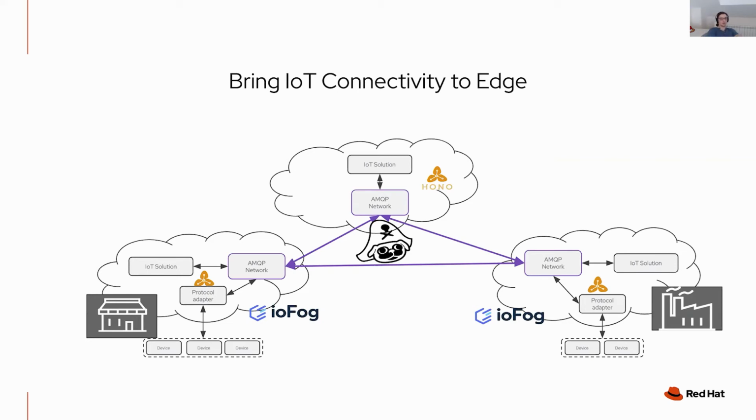And the last thing we need to do in order to connect devices properly to the edge is to do some work on Hono to make it more edge friendly. Eclipse Hono is a Java-based project using Vert.x and Spring Boot originally to implement all the microservices in its architecture, which works fine in the cloud, but we can do better for the edge.